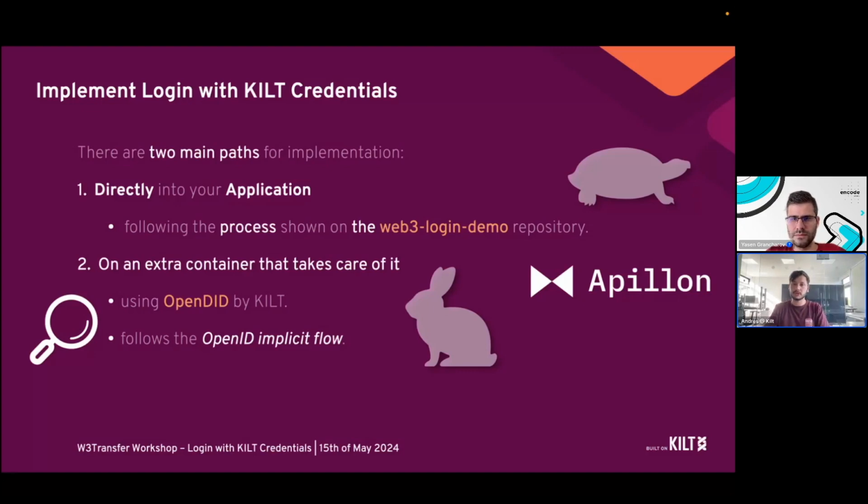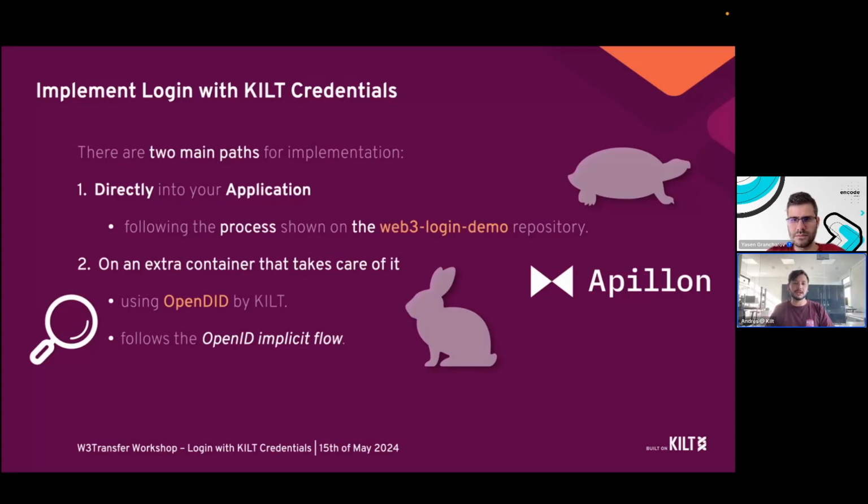That's the educational repository. It explains the whole process, going back and forth between the front end and back end, and the wallets. It's doable and it's very informative. I encourage you to check it out if you want to really understand everything.